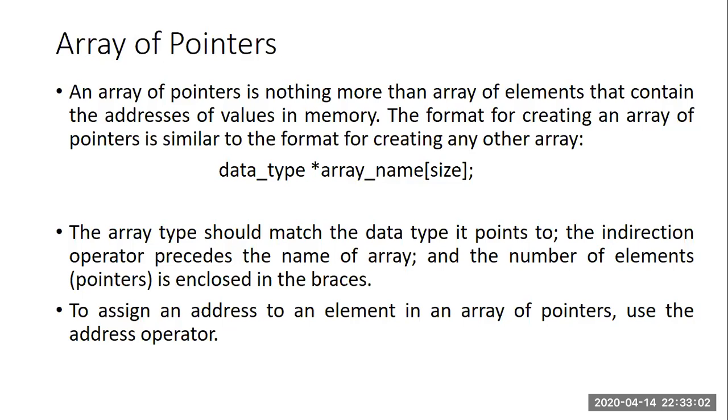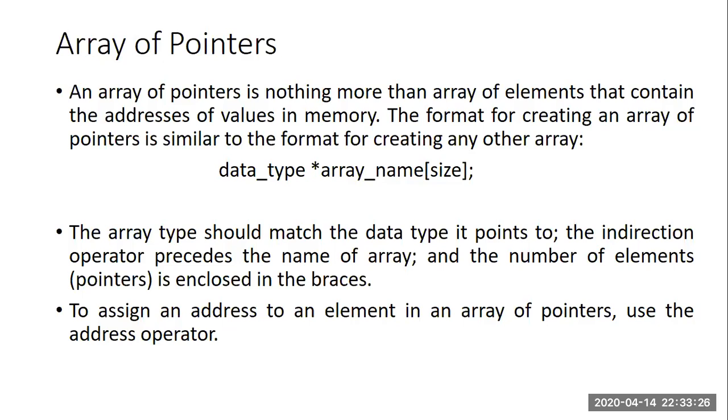So replace this generalized format with a very specific one. Say I'm going to declare an array int star ARR size 5. What does it mean? ARR is an array of size 5. That means the index lies between 0 to 4.